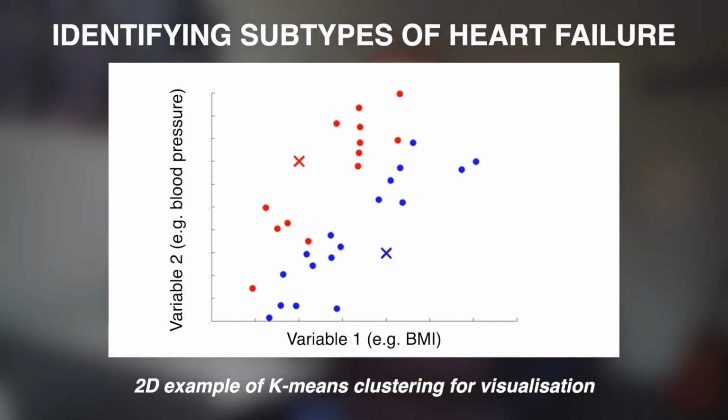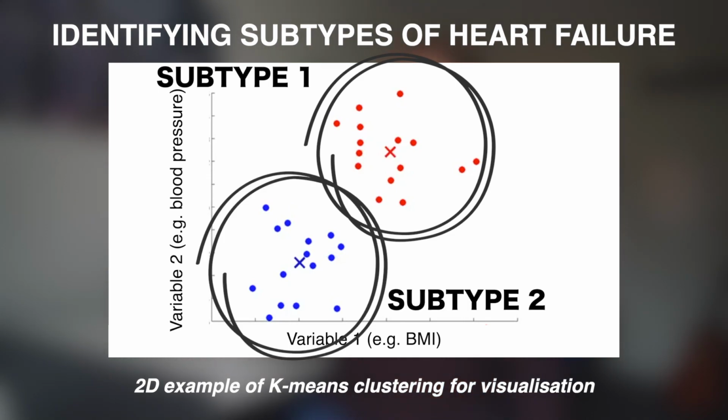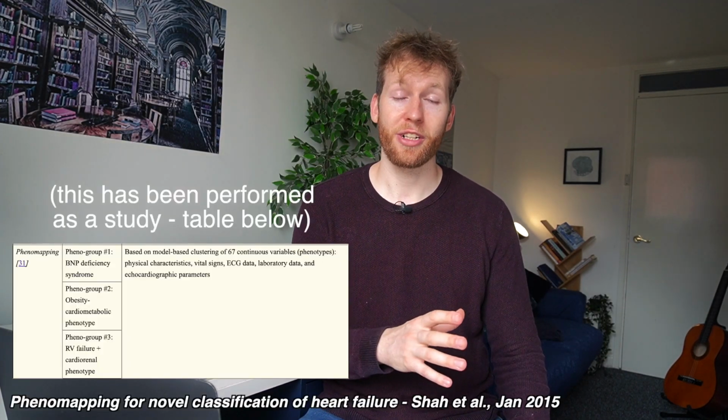Then you would ask the algorithm to find some clusters within that and understand what are the maybe subtypes within this population of heart failure. The algorithm might identify a subtype that is predominantly people with high BMI and high systolic blood pressure. You might find another subgroup where it's low BMI, but high BNP, for example. Or maybe you have another one where it's old age, high systolic blood pressure and high diastolic blood pressure, for example.